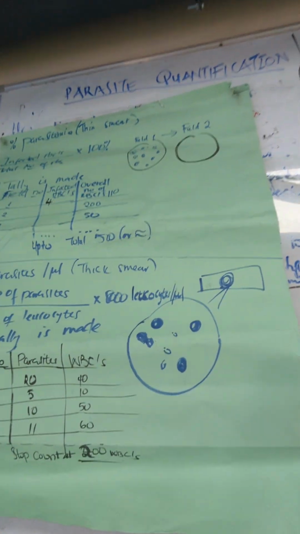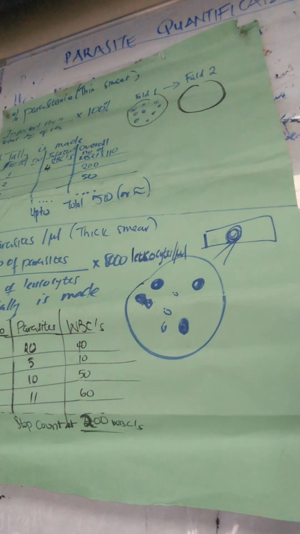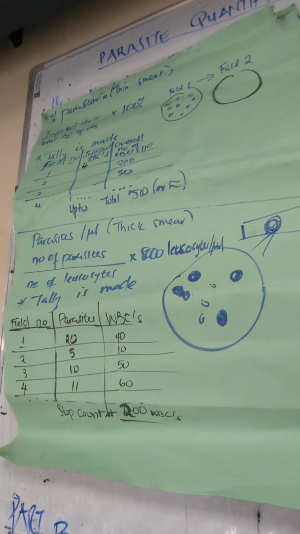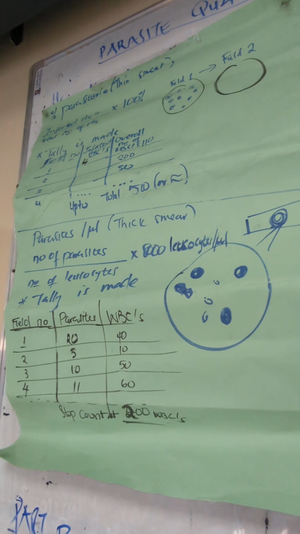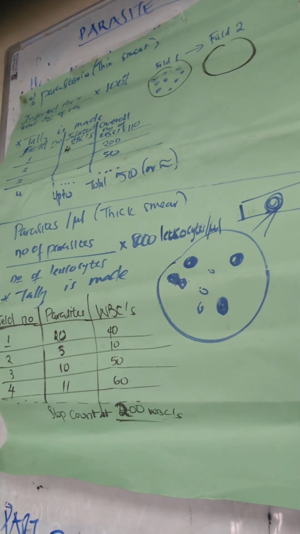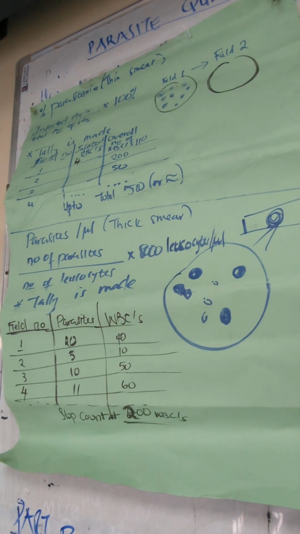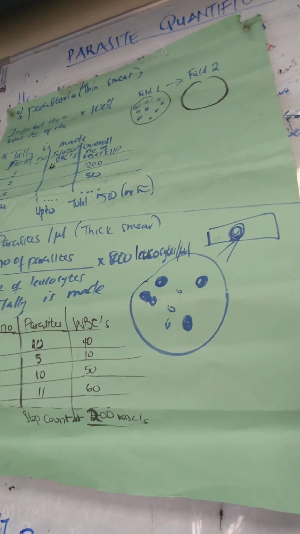So that's about it, really, with the types, and now we can consolidate on how we use these types of smears to do an actual count. So in the session, I explained that there are 3 types that I use: plus grading system, percentage parasitemia, and parasites per microliter. I have the chart that I used from the session.